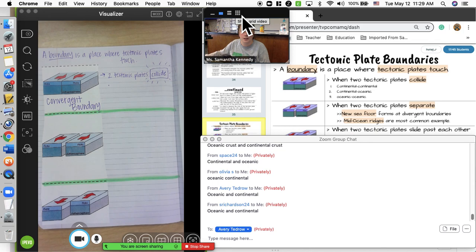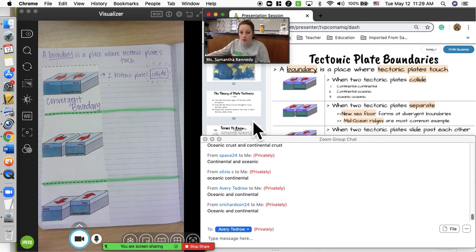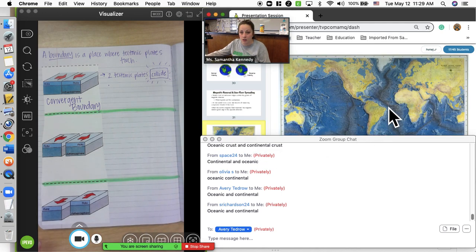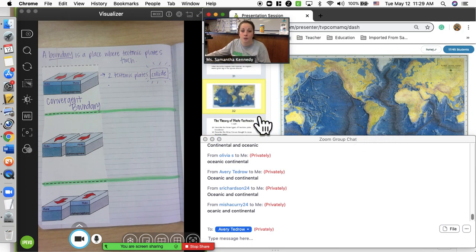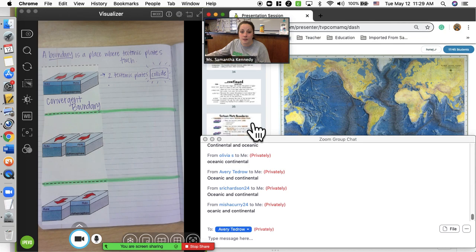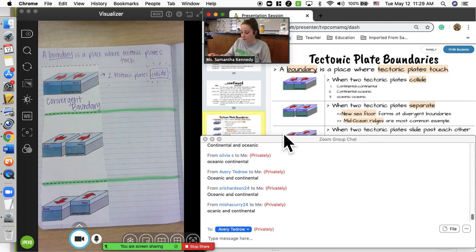So you guys are telling me that oceanic and continental are two types of crust. So at all the different boundaries, if we look at this picture here, some boundaries are right on land, some are in the ocean, some have both. So what we're going to have is three different combinations of convergent boundaries.